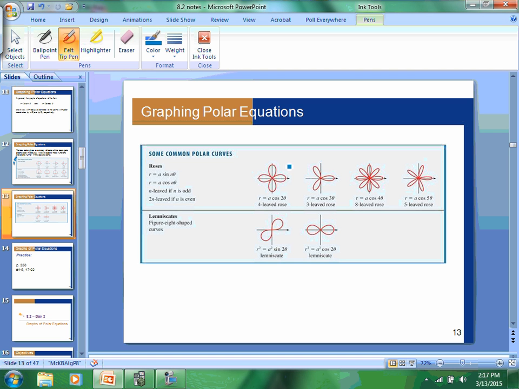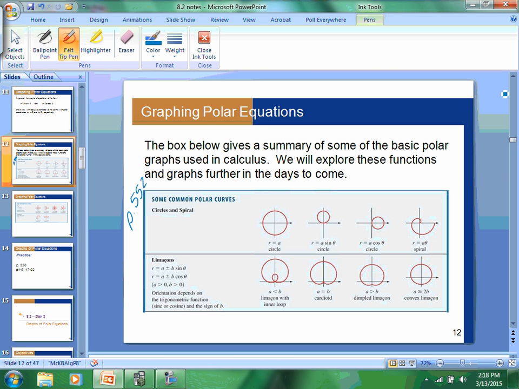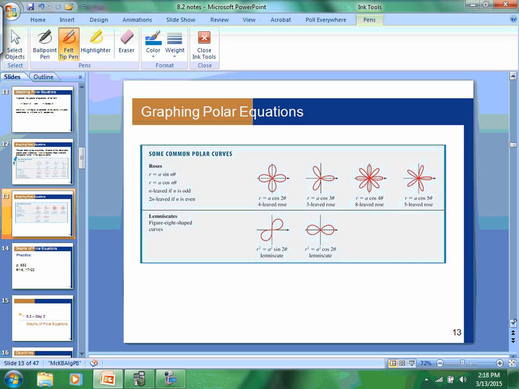So we'll be graphing some of those as well, some of the more straightforward ones. And then you have these other ones that kind of look like little figure eights or infinity symbols. Depending on sine or cosine depends how they're rotated and positioned. So take a look at these shapes and maybe keep that page handy in your book. That way, when you see an equation, you can make reference to this and say, oh, it should look something like this by the time I'm done graphing.